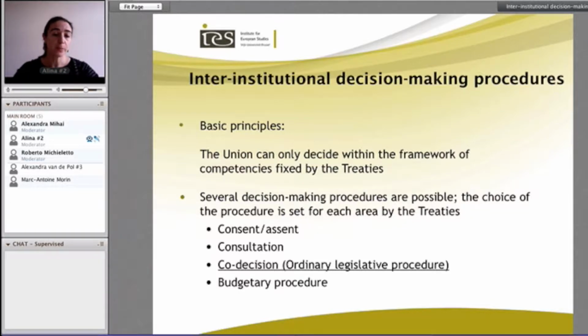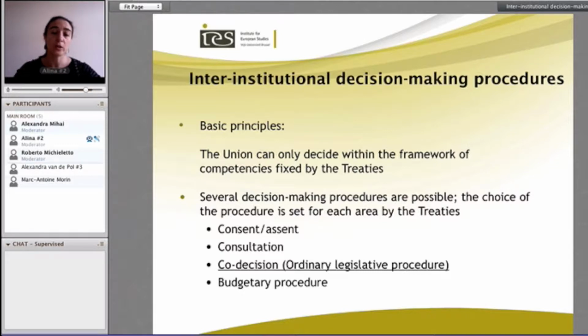If we take a look at the first procedure, the so-called consent or assent procedure, this is also basically divided between the Council and the European Parliament, but the difference between the consent procedure and the co-decision procedure is that the influence that the Parliament can exert is a little bit limited.